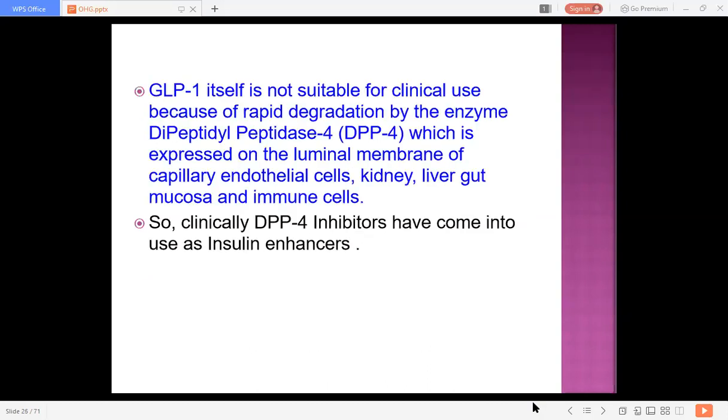GLP-1 itself is not suitable for clinical use because of rapid degradation by the enzyme dipeptidyl peptidase 4, which is expressed on the luminal membrane of capillary endothelium cells, kidney, liver, gut mucosa, and immune cells. So clinically, DPP-4 inhibitors have come into use as insulin enhancers.